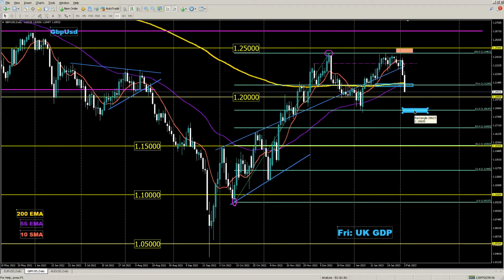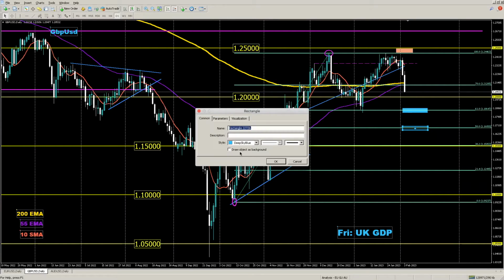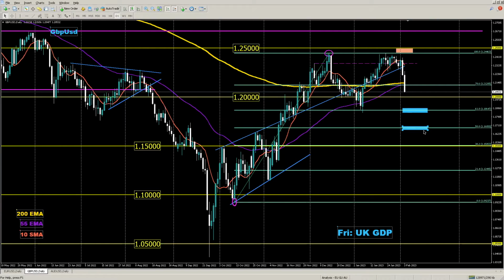Okay, let's mark this one here. And I think we can remove this now and add that to the 50 Fib zone. So that's another critical support.